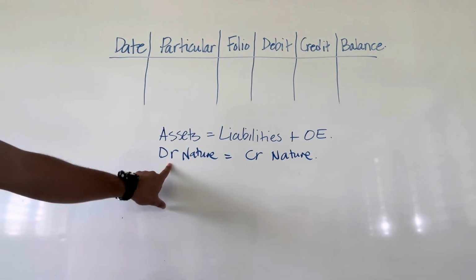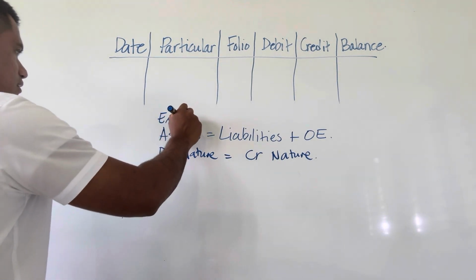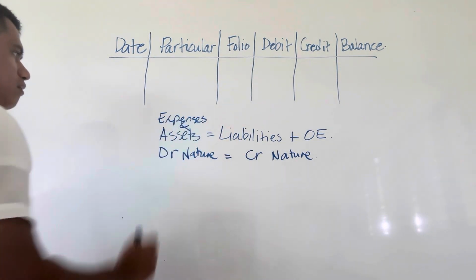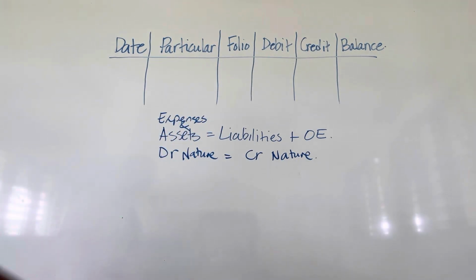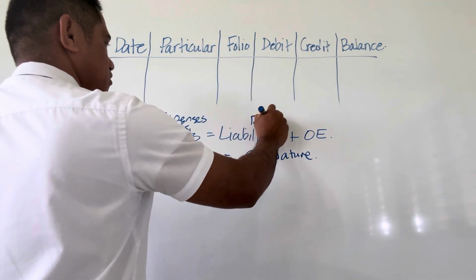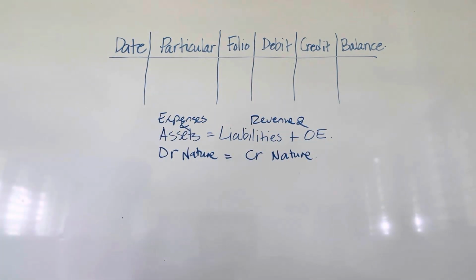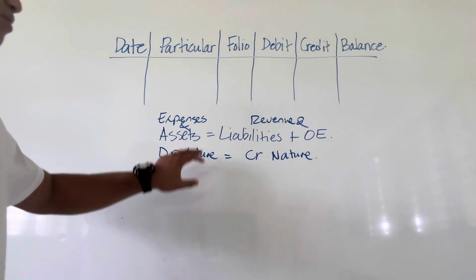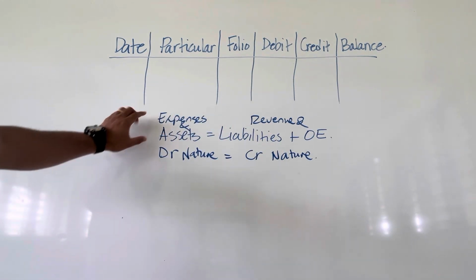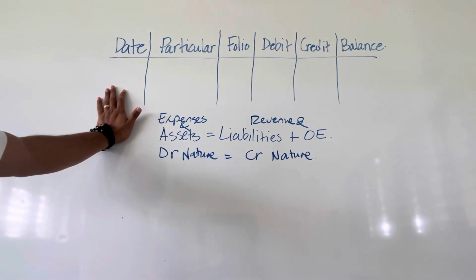Debit nature: assets and expenses. Credit nature: liabilities, owner's equity, and revenue. So these 5 accounts or 5 elements are what we call financial elements.